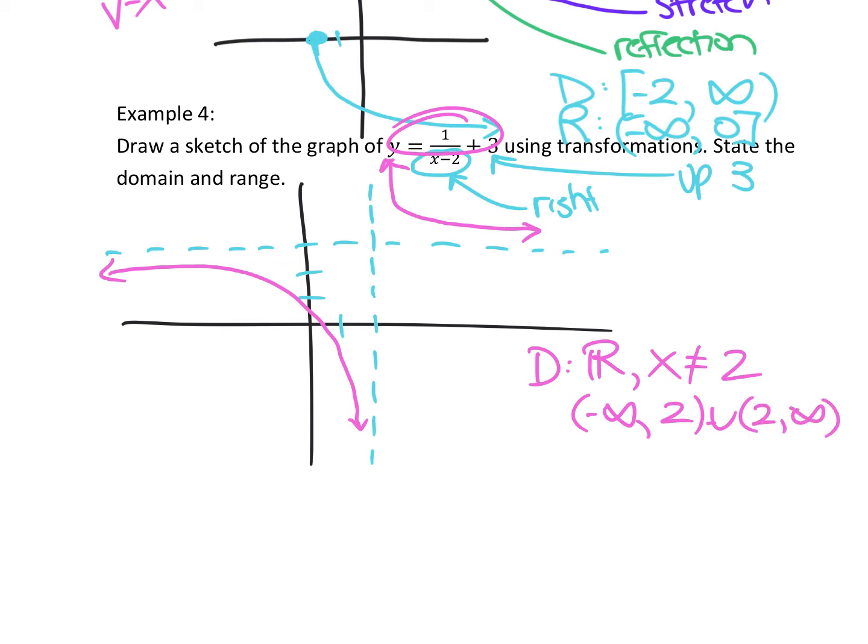Or you could put negative infinity to 2 to infinity. For my range, I do the exact same thing. The only thing with the all real numbers notation that you need to be careful of on this one, range is referring to what values? Y's, right? So if I do my all real numbers, this time I have to say y does not equal, not x does not equal, because we're not talking about x's. What can y not equal? 3.